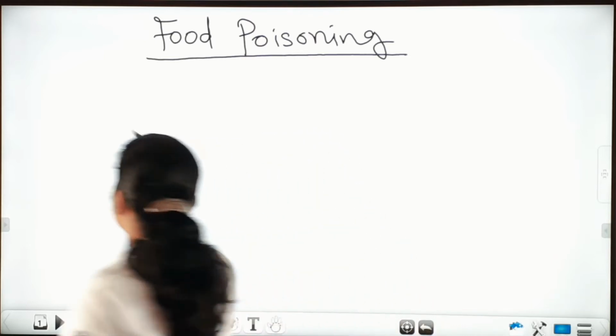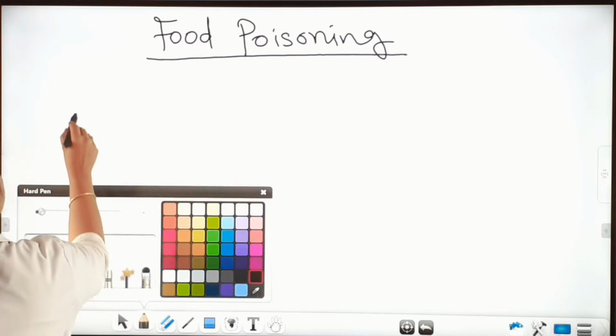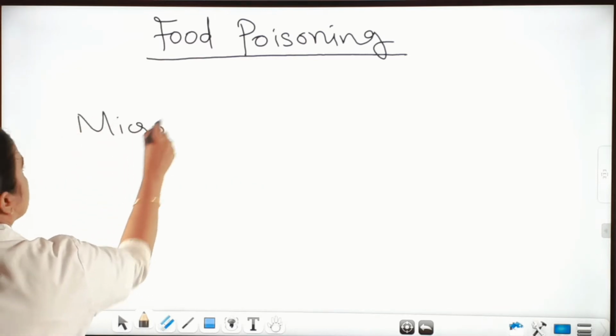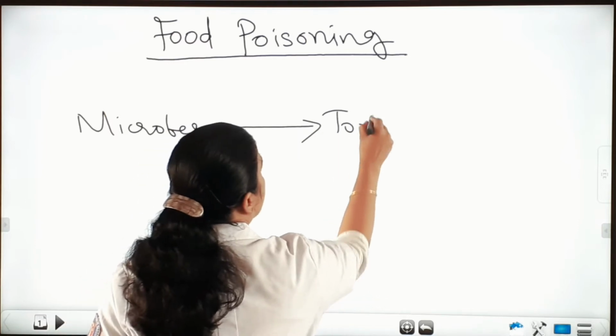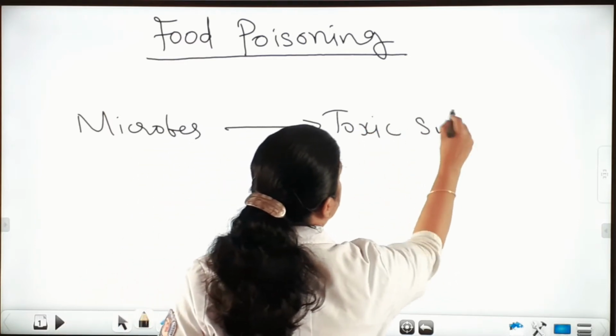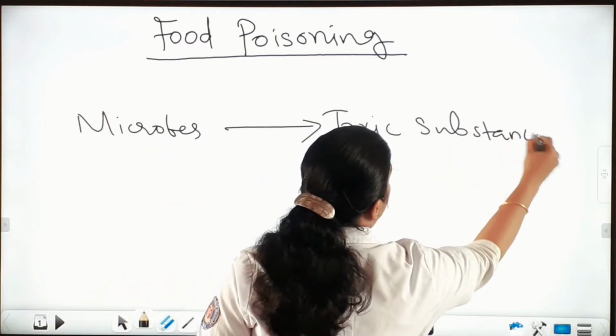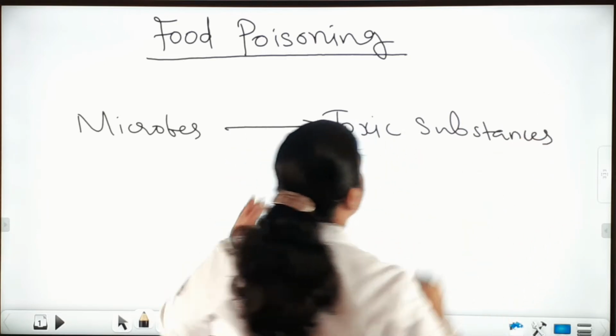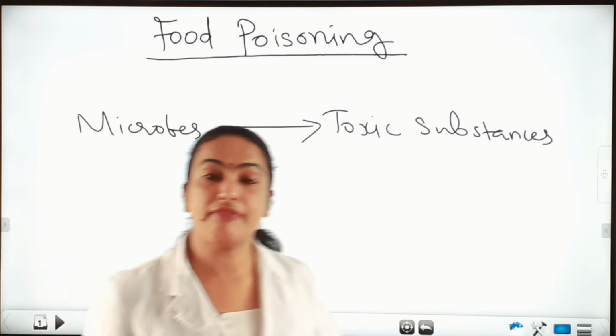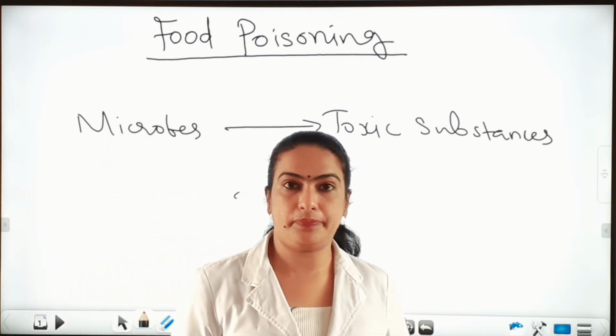So we can see the microbes produce toxic substances or poisonous substances on food and make it unfit for consumption.